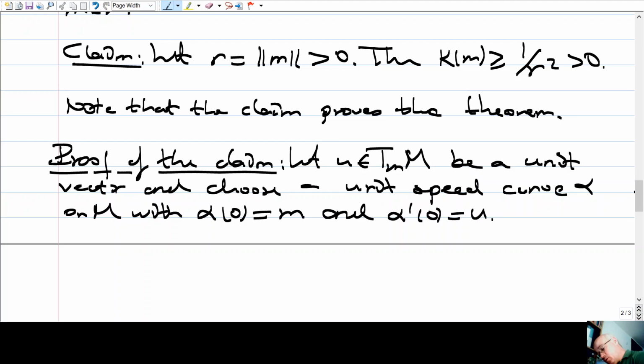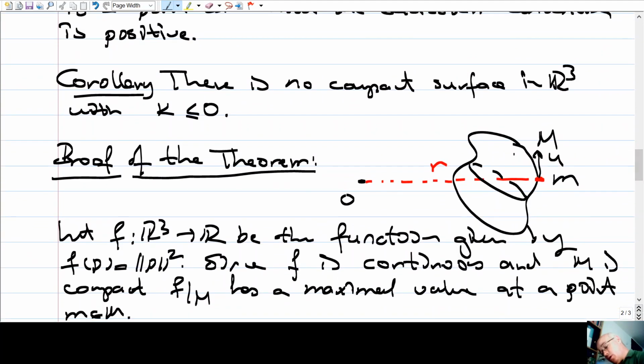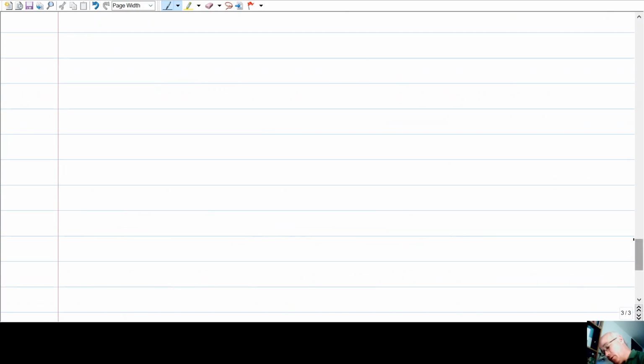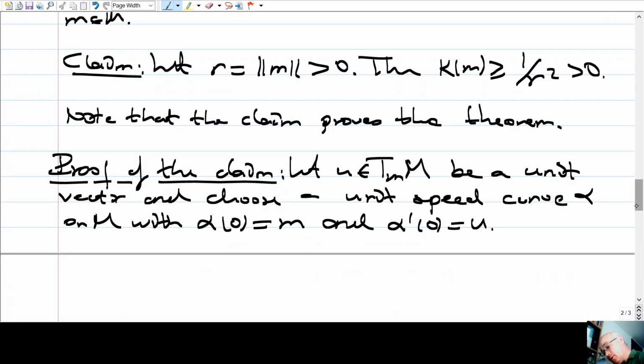So we choose a curve passing through this point with velocity vector u at this point. Okay.